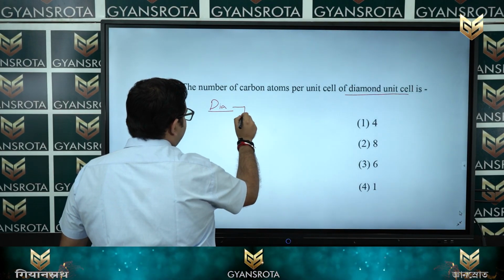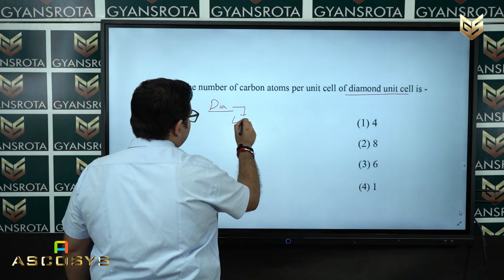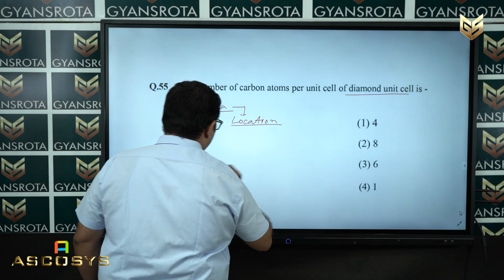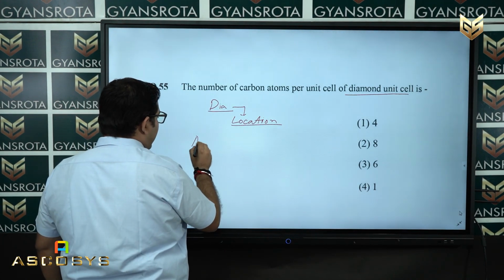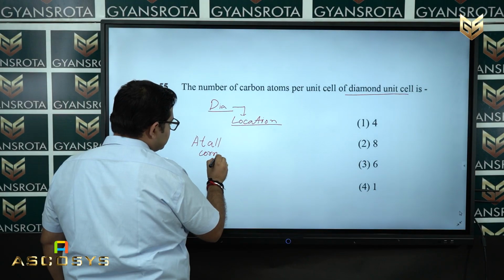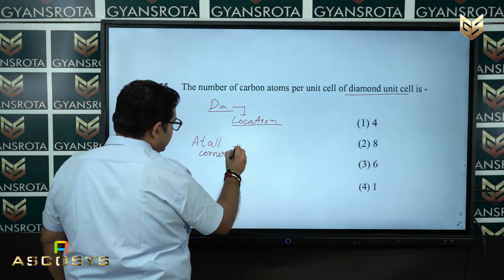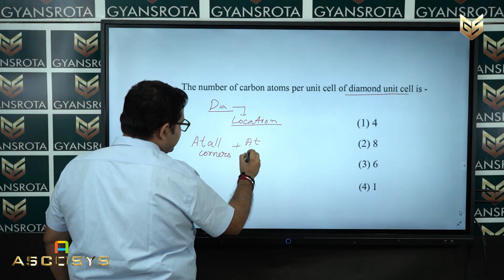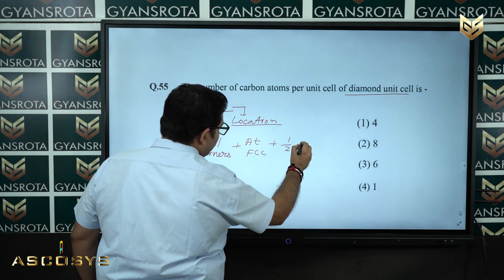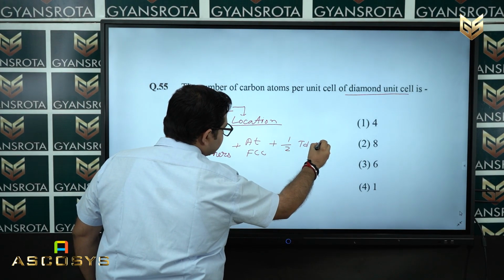So first we have to know the locations of the atoms. The atoms are present at all corners, plus at FCC positions, plus half of the tetrahedral voids.